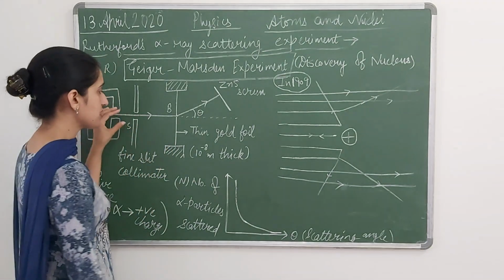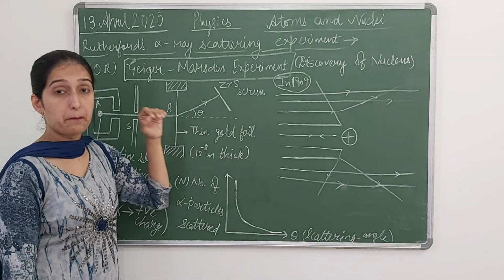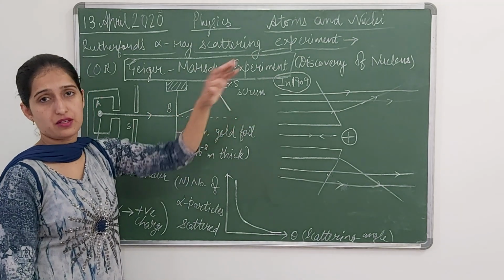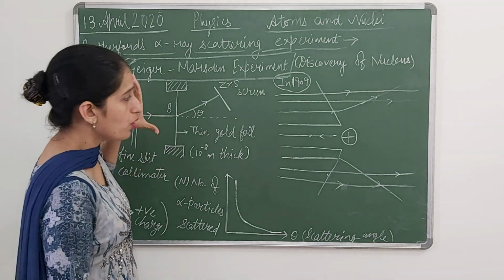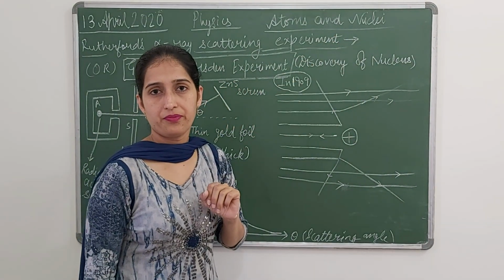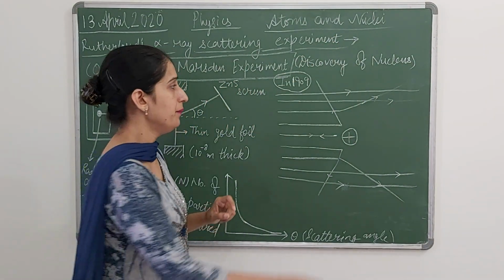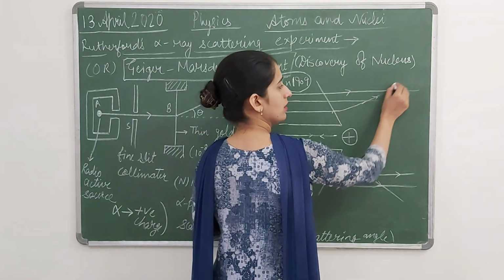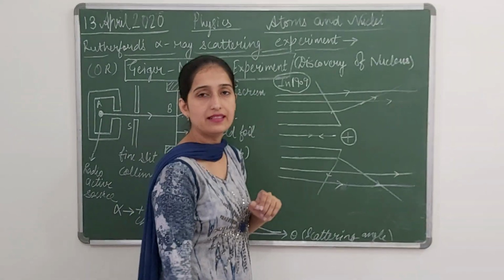For a combination of rays, we are using the word beam here. Beam means multiple alpha rays are going there. So most of the alpha rays go straight. Few of them deviate with small angle.